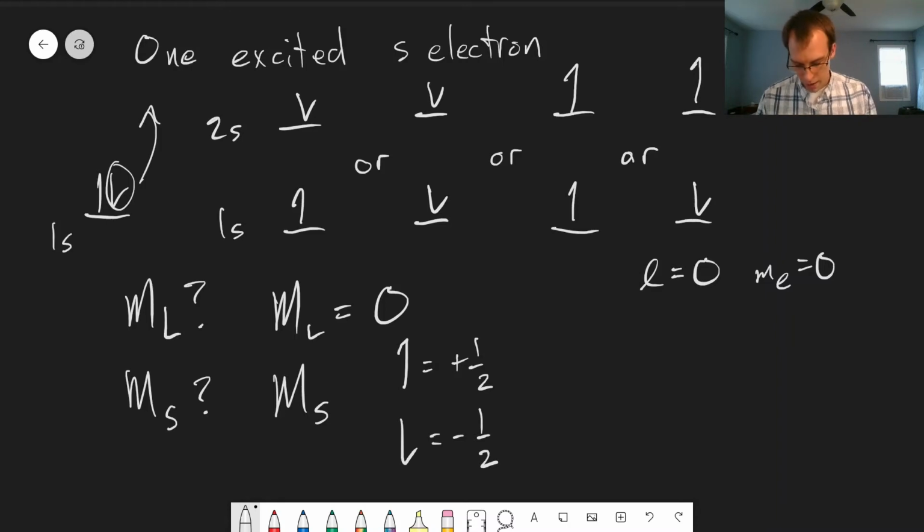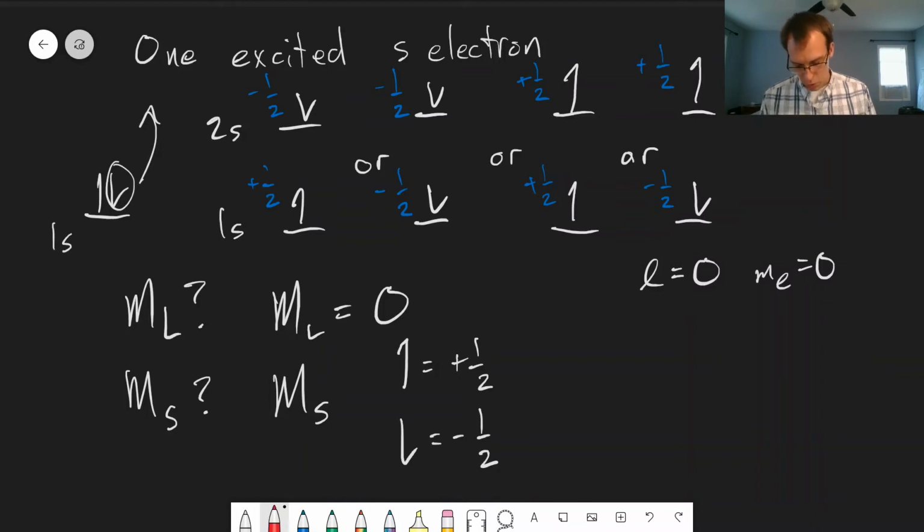So let's write these values on here. I'll do it in a different color to make it easier to see. For our first one, we have plus 1/2 and minus 1/2. Here we have minus 1/2 and minus 1/2. Here we have plus 1/2 and plus 1/2. And here we have minus 1/2 and plus 1/2.